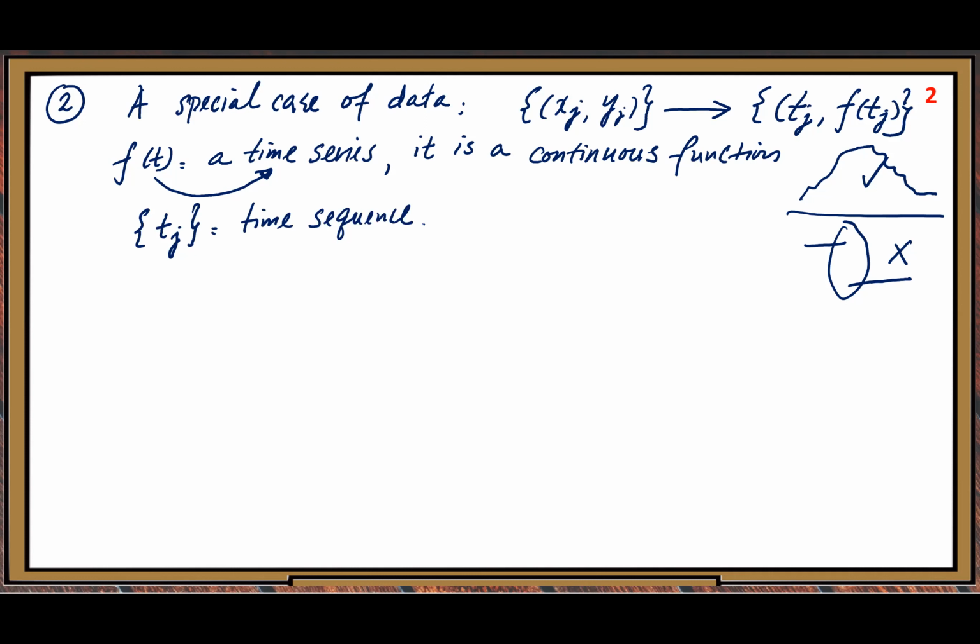And f of tj, we call sample values, because we take samples from the time series function.